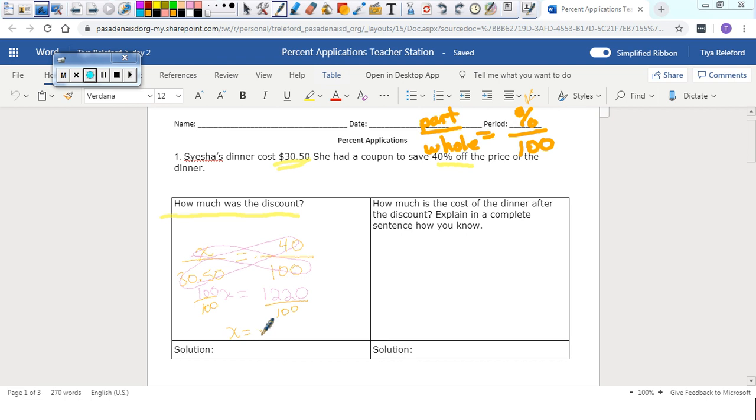And that amount is going to be the discount. What we're saying is $12.20 is equal to 40%. So how much is the discount?